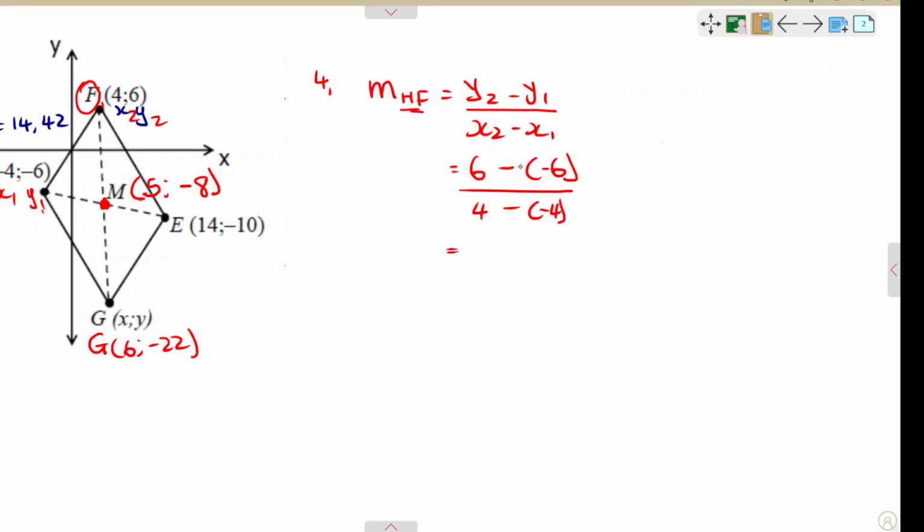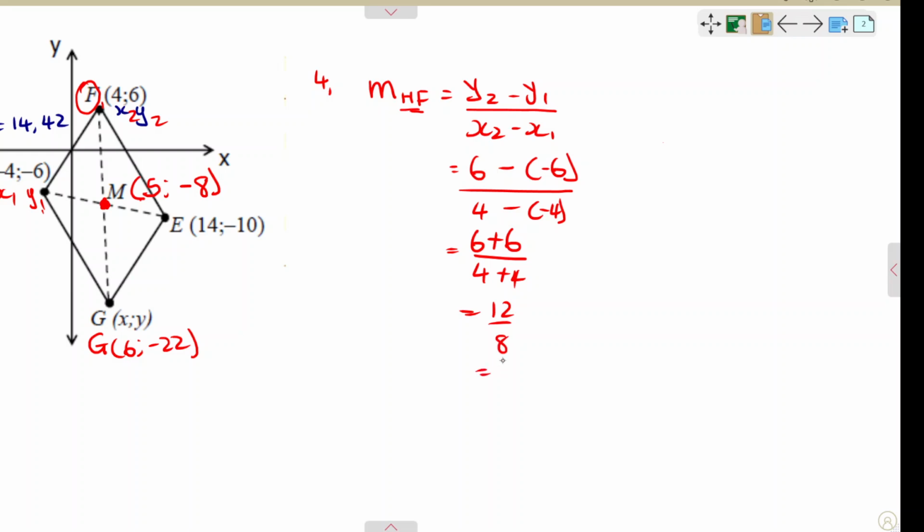Then for the answer, look at the numerator: negative times a negative is a positive. Also the denominator, negative times a negative is a positive. 6 plus 6 gives you 12. 4 plus 4 gives you 8.